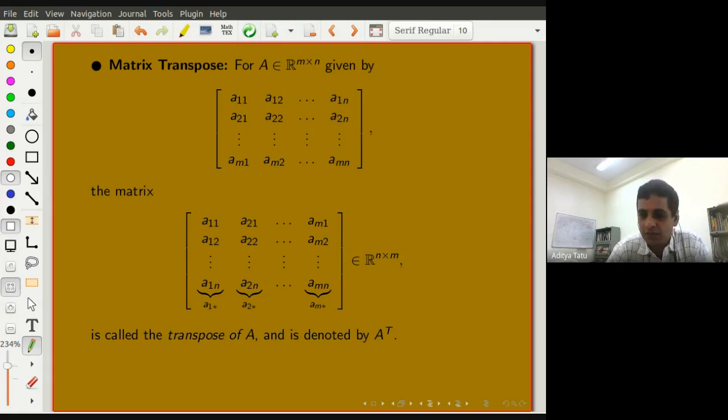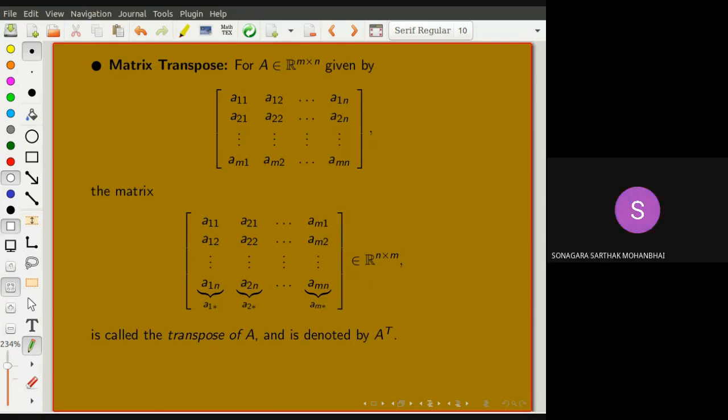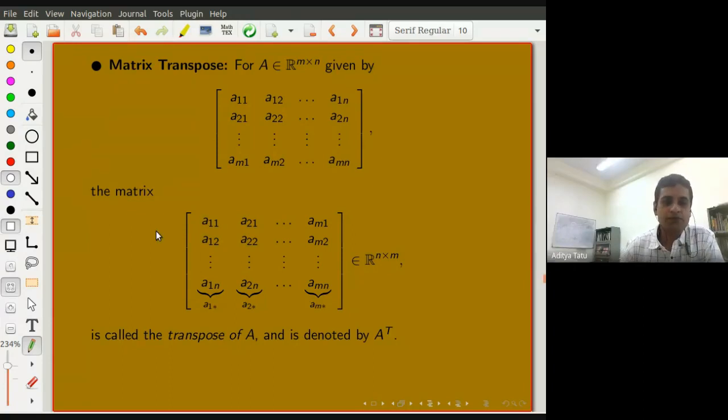The transpose of a matrix, I hope all of you have heard of that. Yes, sir.